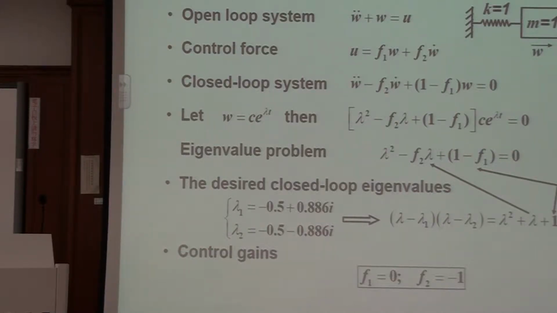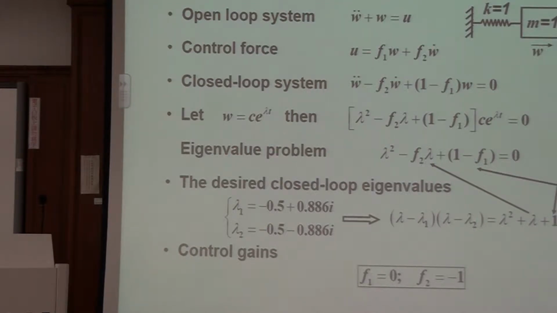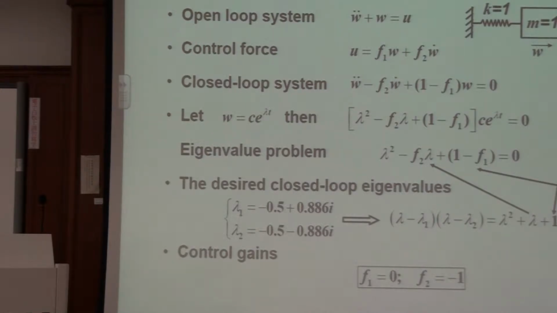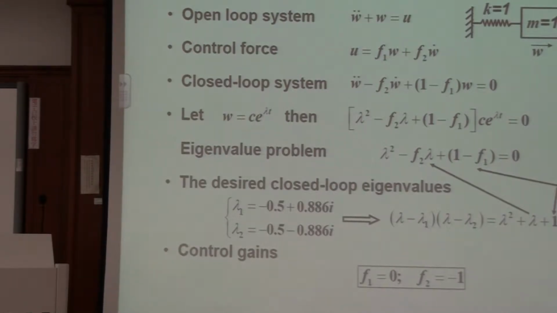All right. Now our open loop pole for that system, the eigenvalue, is, so that's my pole. If I plot here, this is the real axis, this is the imaginary axis, then my pole there is plus i, and this is minus i.